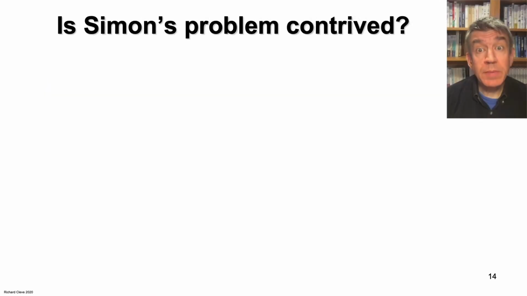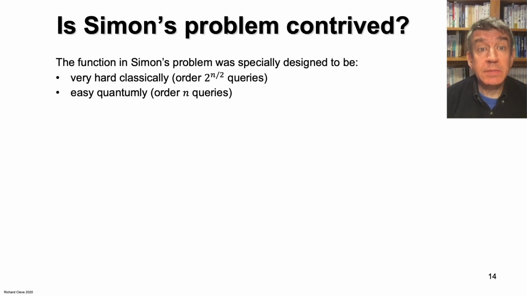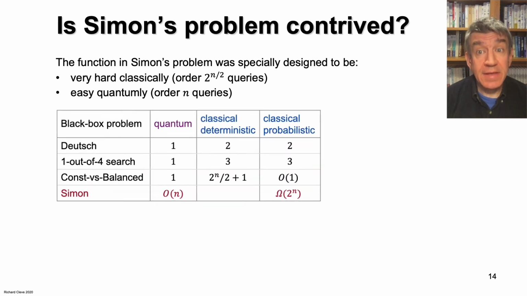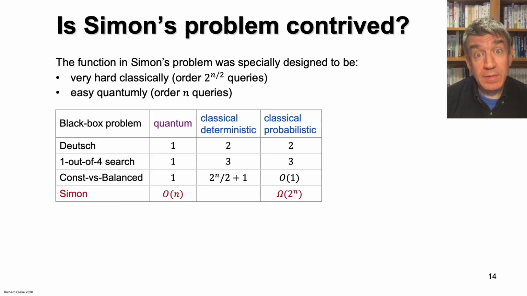Now, what should we make of Simon's problem and Simon's algorithm? It's a black box problem that was specially designed to be very hard for probabilistic classical algorithms and easy for quantum algorithms, thereby improving on previous classical versus quantum query cost separations. But it doesn't immediately look like a problem that one would care about in the real world.